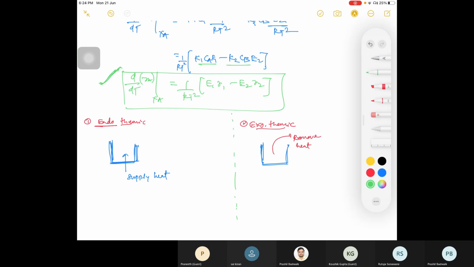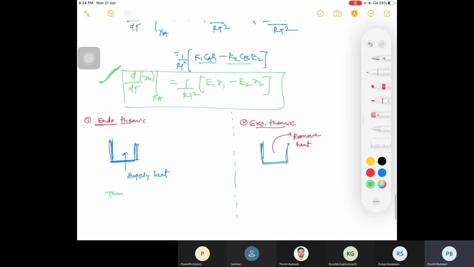Okay, now here I am increasing temperature and here I am increasing temperature. So in which direction will the reaction proceed, and whether I will get an increase in conversion or a decrease in conversion? Rutuja, I need to supply heat here and I am increasing temperature. So what will be the case there?